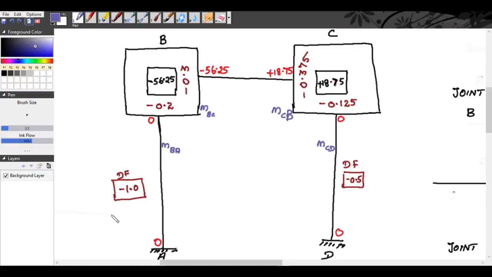So this is for the columns. So it is M dash BA, and here it is M dash CD.